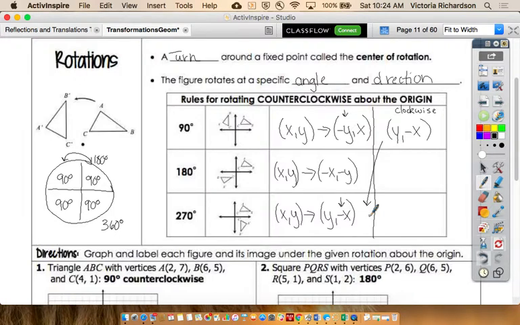So 90 degrees clockwise and 270 degrees counterclockwise are exactly the same. 180 is no different. It stays exactly the same. And if you do a 270 degrees clockwise rotation, your x and y are going to change. And this is also the same thing as a 90-degree counterclockwise rotation.